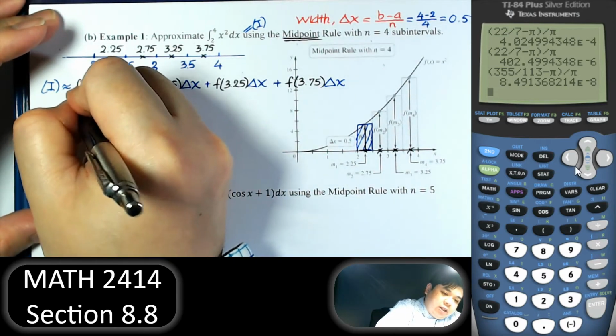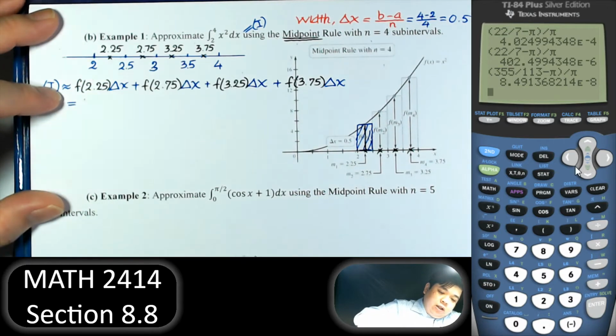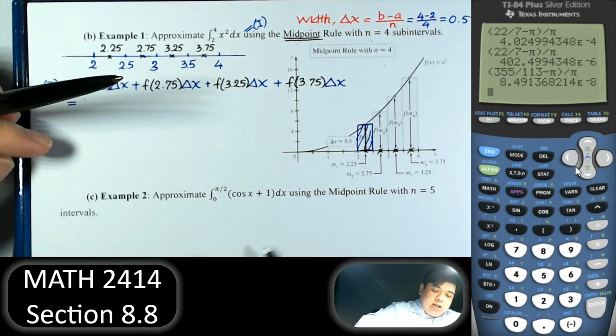Then factor out delta x, and we will have just the sum of all of this.